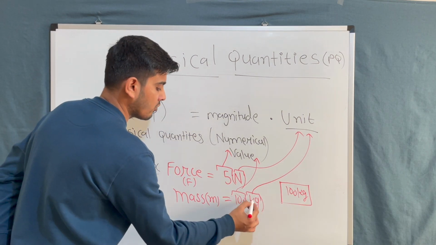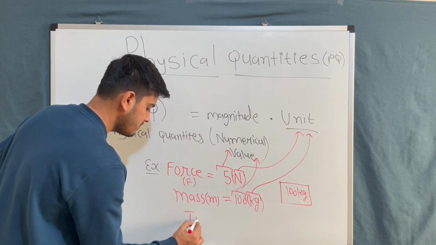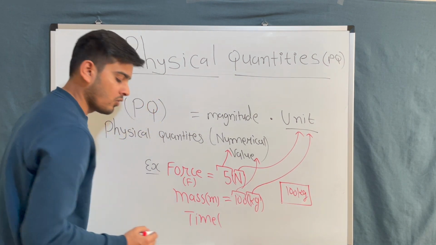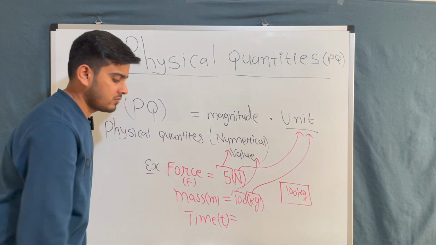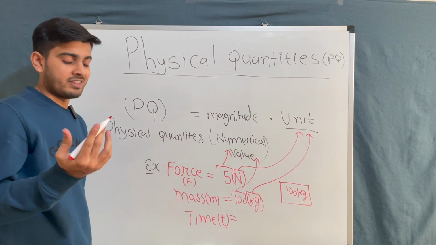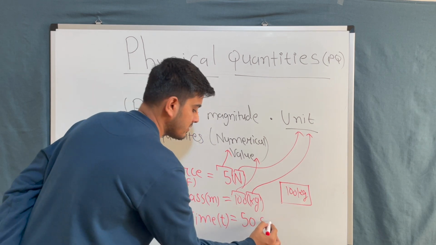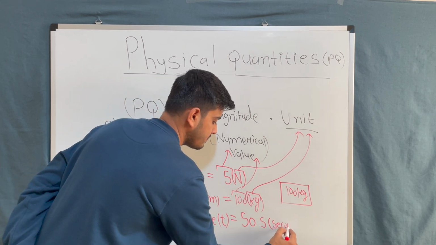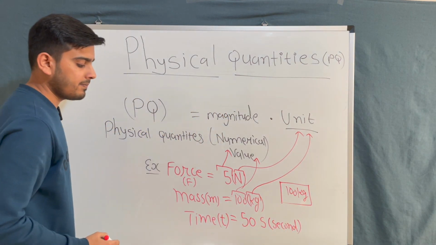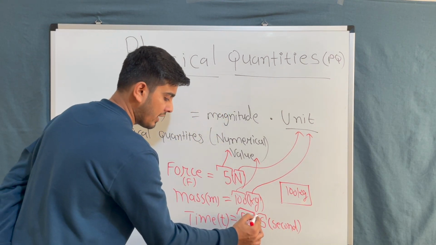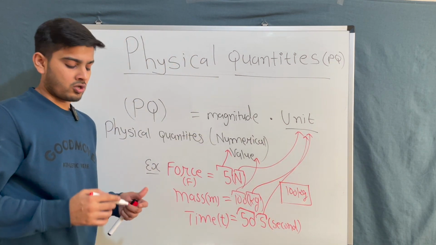One more example, time. What is the symbol of time? Small t. Let's say 50 seconds. 50 s. S is the symbol of second. So 50 is our magnitude and s is the unit. So this is how we represent any physical quantity.